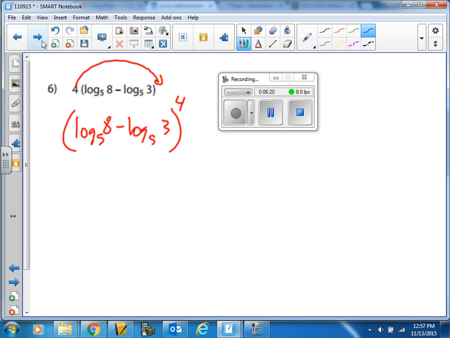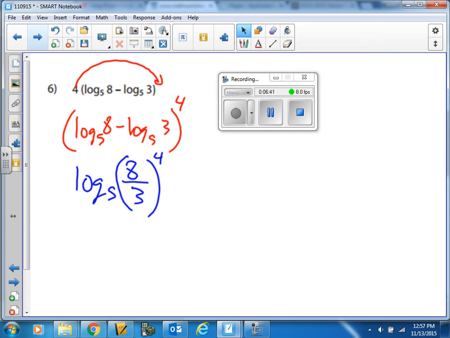So in here, I should have log base 5 of 8 divided by 3. All of that to the 4th power. And that's it right there. Written as a single log.